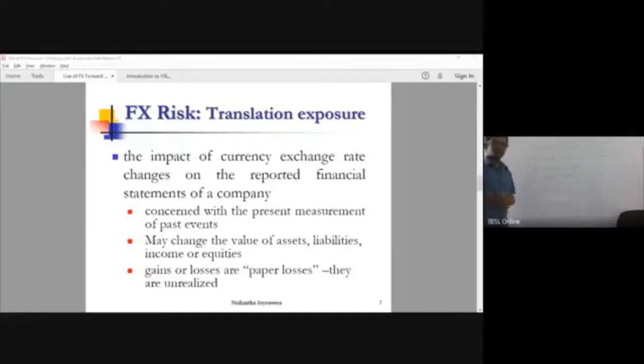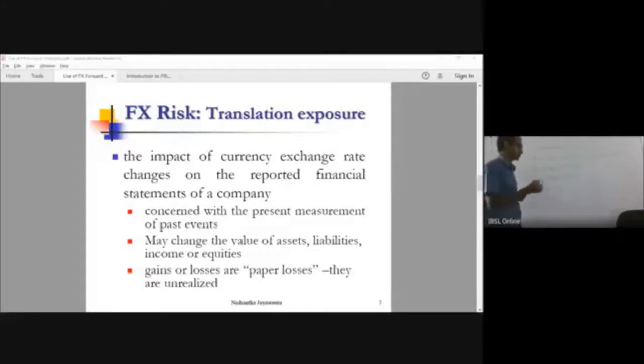In which currency do you report it? As a Sri Lankan firm, you prepare your financial statements in rupees, not in dollars. Then how do you convert this 1 million into rupees?